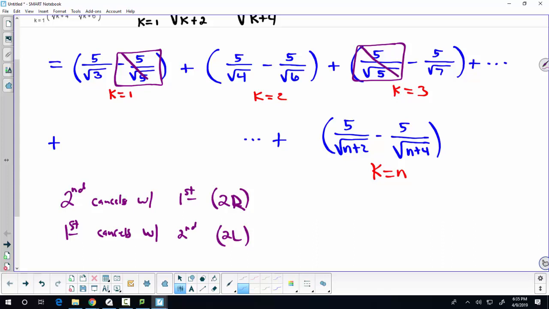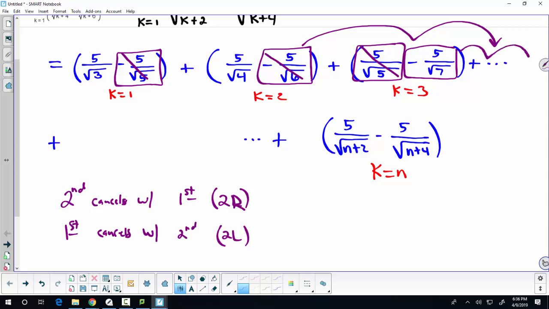Would that cancel? This minus 5 over root 6, would that cancel with anything? Yeah, eventually. It's going to cancel over here with this next term that we didn't write out. So that's gone. That cancels with this. The minus 5 over root 7 cancels, again, with 2 more to the left.